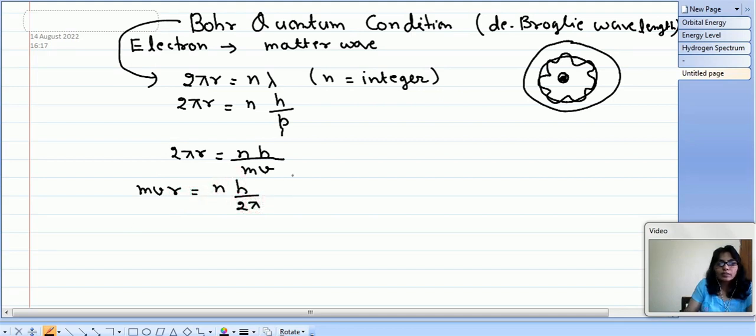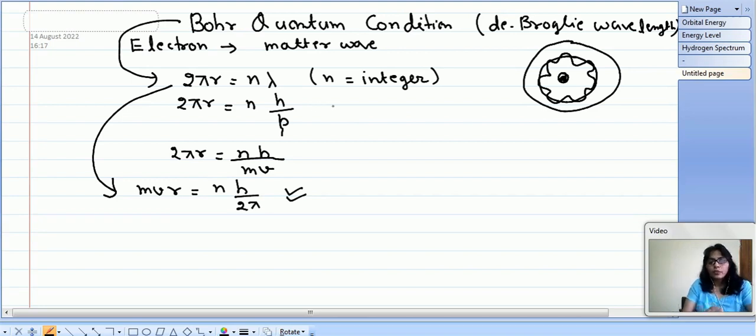So this is Bohr's second postulate, that the electrons can revolve only in those orbits for which angular momentum is an integer times the value of h upon 2 pi. So from the Bohr quantum condition, we can derive the second postulate, that mvr must be equal to n times h upon 2 pi, where n is some integer.